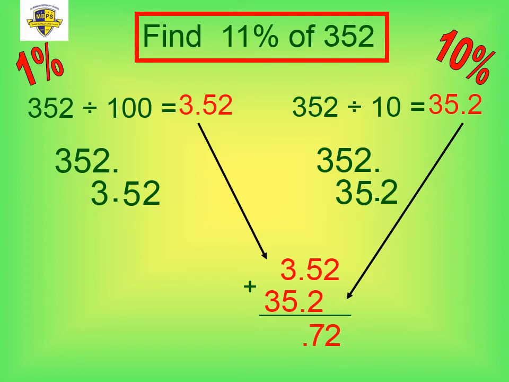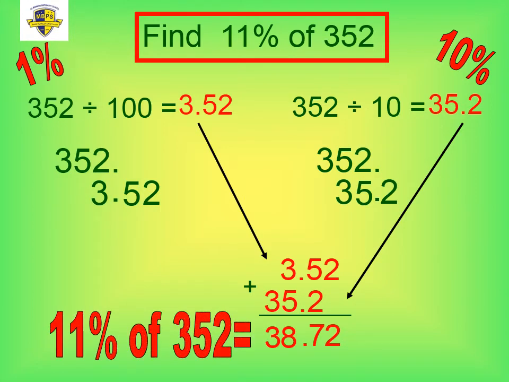We put the decimal point below the decimal point. Now 3 plus 5 equals 8, and 3 plus 0 equals 3. So 11% of 352 equals 38.72.